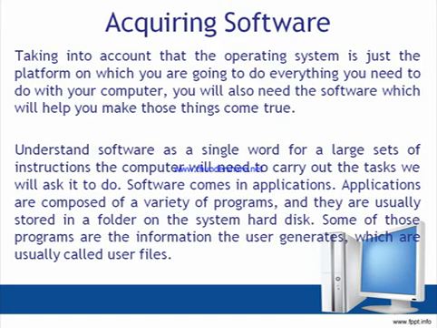Software comes in applications. Applications are composed of a variety of programs, and they are usually stored in a folder on the system hard disk. Some of those programs are the information the user generates, which are usually called user files.